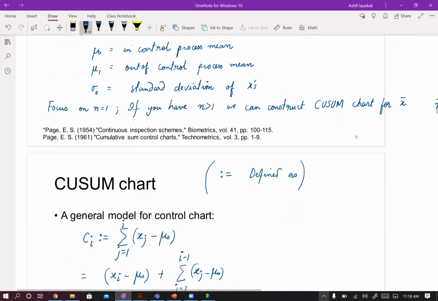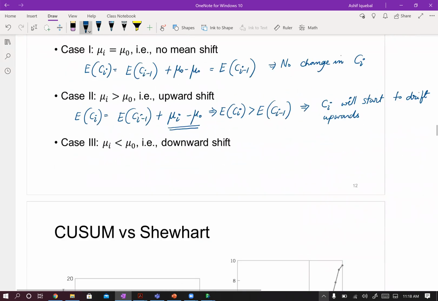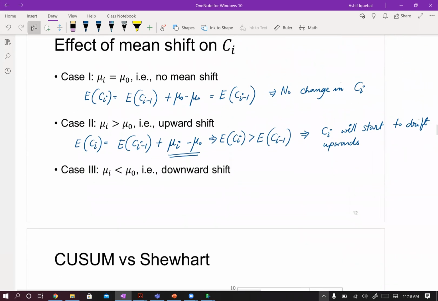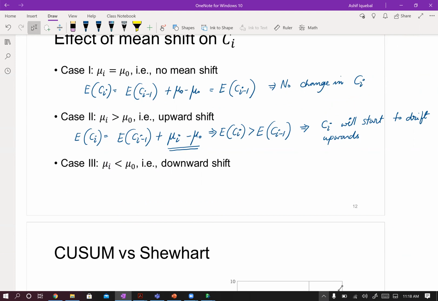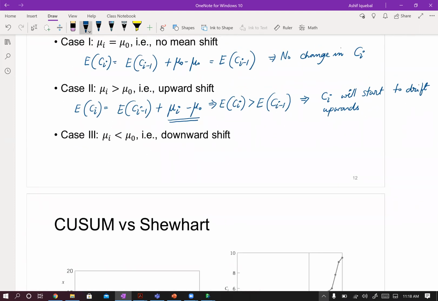Okay, so the third case is when mu I is less than mu naught. That is, your new process mean is smaller than your previous process, your in control process mean, right? And when this happens, your expected value of Ci is equal to expected value of Ci minus 1 plus mu I minus mu naught.